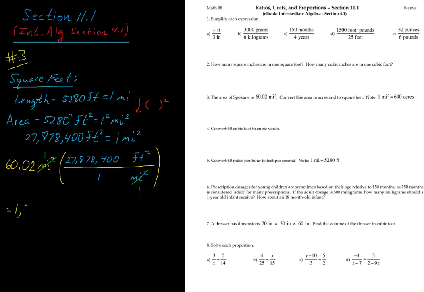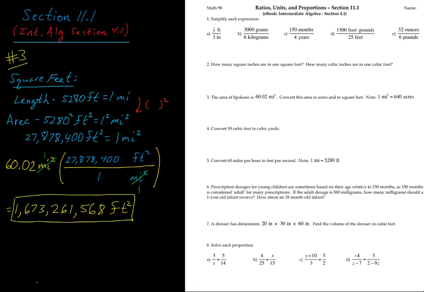This is going to be 261,000, still going, and then we got 568, and there the units would be feet squared. So a lot of carpet sample size square feet to cover all of Spokane. All right, great, that'll do it.